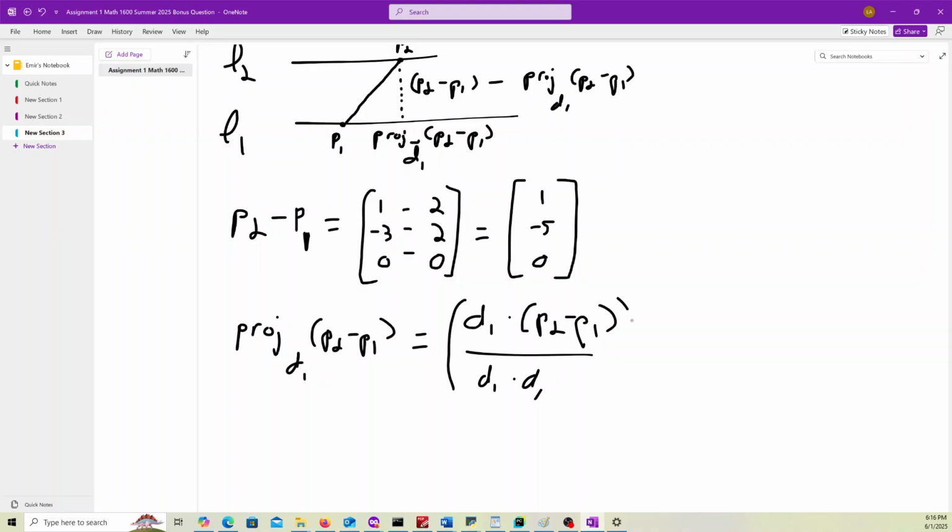This is a scalar that we then multiply by D1. You can put vector arrows over all of these vectors.